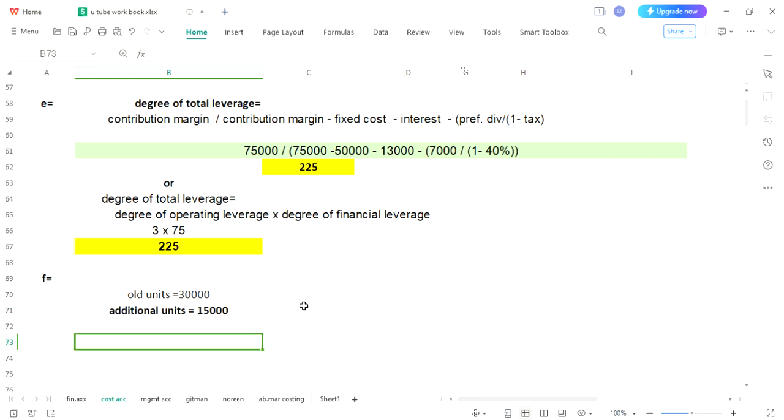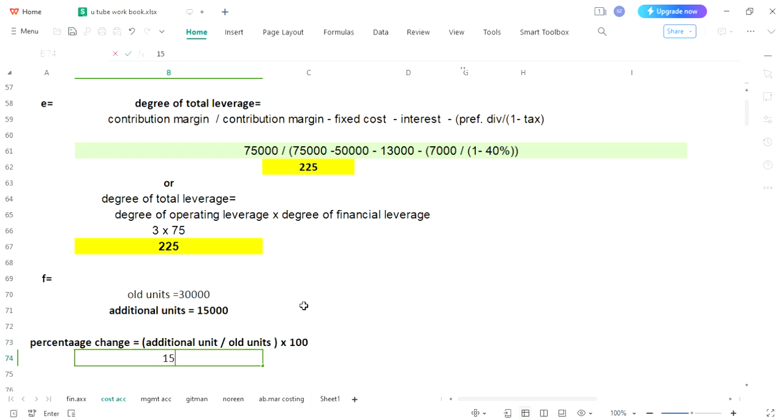Let's see the percentage change, for which additional units would be divided by old units, like obtained marks divided by total marks. Similarly, we will multiply it with 100. This way we can calculate percentage change. Additional units are made 15,000 and you will divide it with old units 30,000 and multiply it by 100.